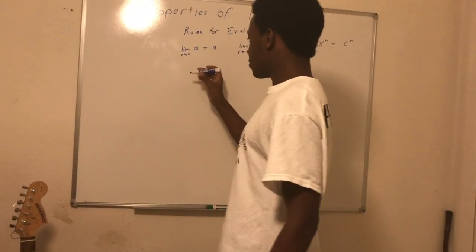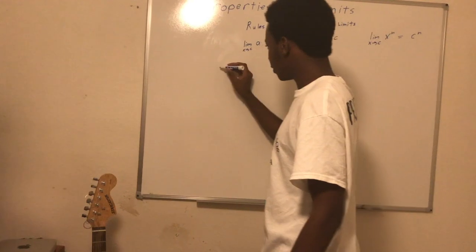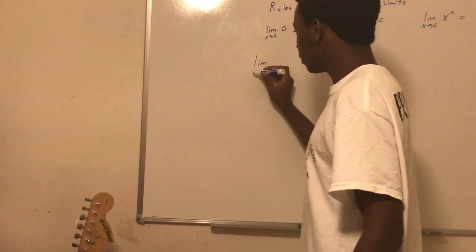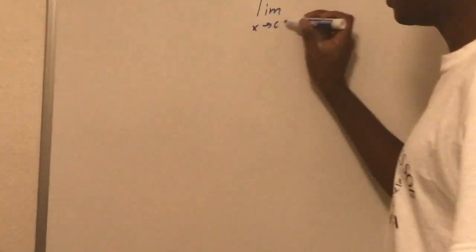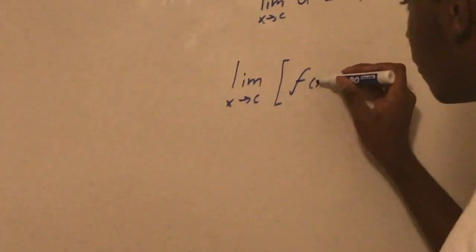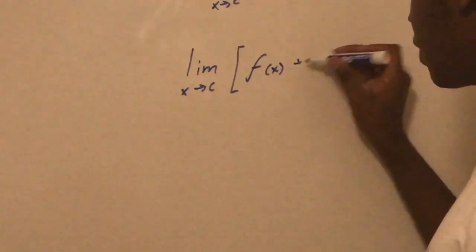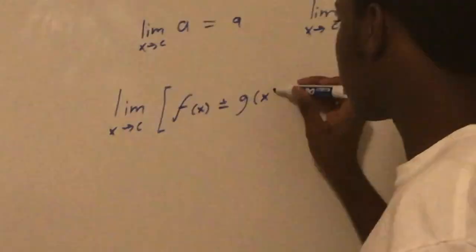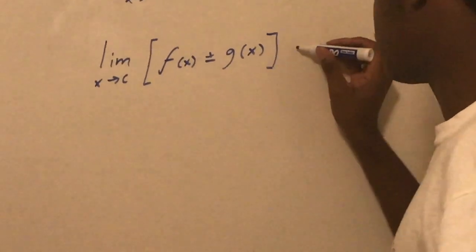If we were to apply this to more complex things, then we would have things like the rule for addition and subtraction. The limit as x approaches c of two functions, f of x plus or minus g of x, because for this rule it doesn't really matter.